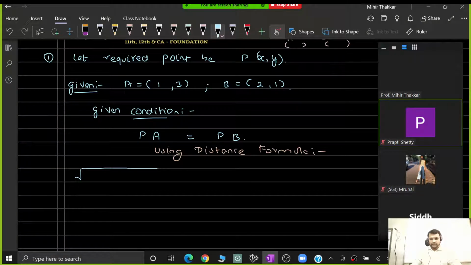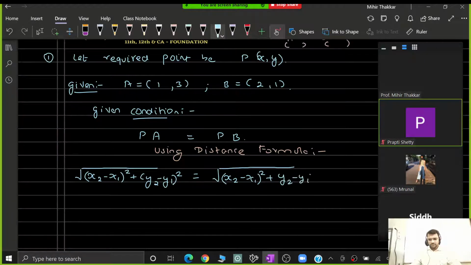You will have to write the formula on both sides, guys. It is under root of x2 minus x1 the whole square plus y2 minus y1 the whole square. Again over here, y1 the whole square.